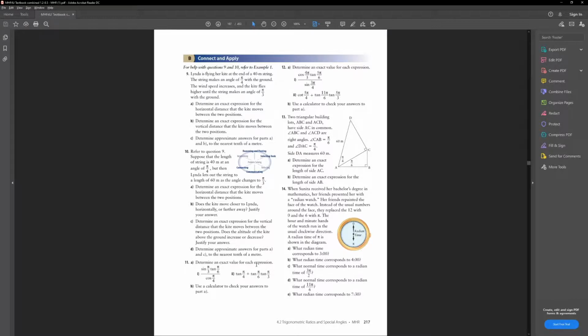What do we know here? We know that it's pi over 4 into pi over 3. So we could first of all sketch a graph. The question is asking us to first of all find the horizontal distance, which means the change in the x direction. So first of all, you know how to find cos of pi over 4 and cos of pi over 3.